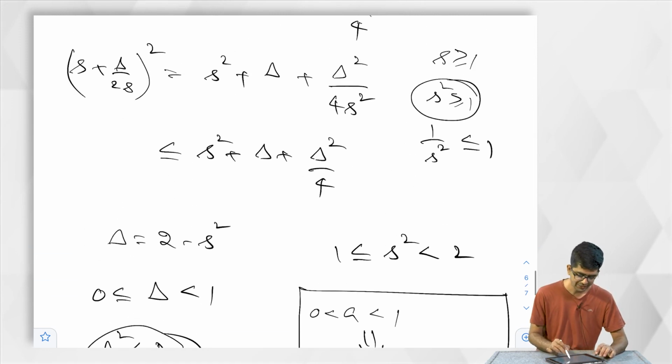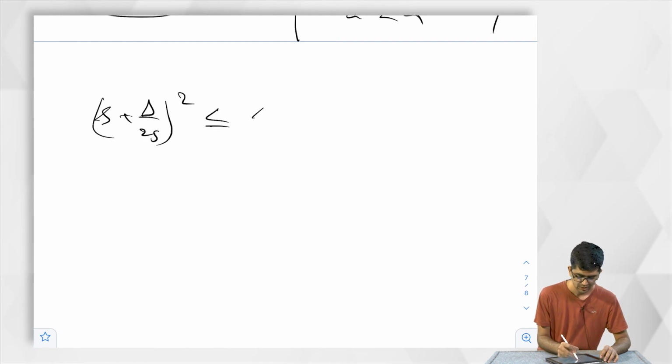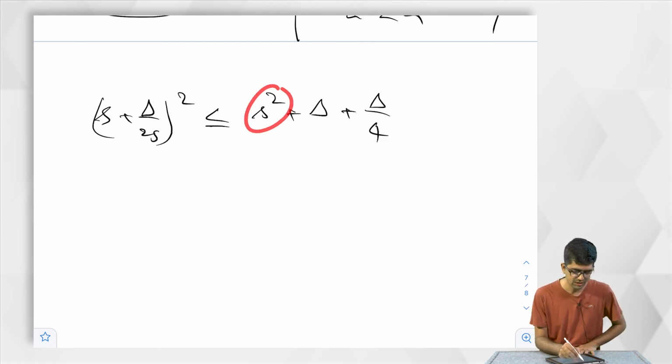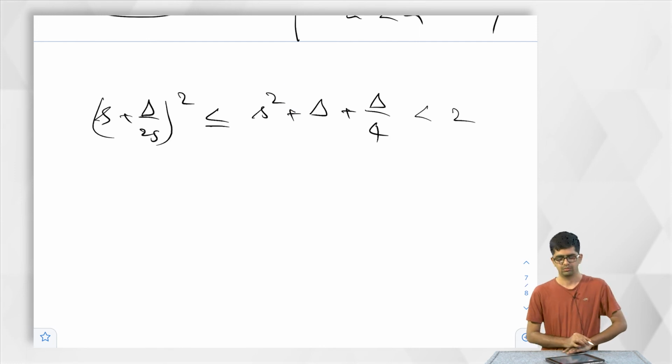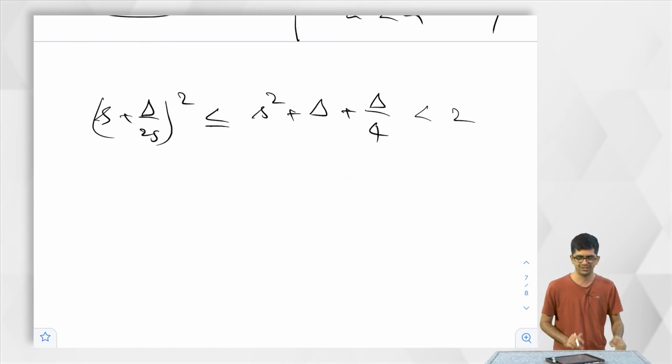So now I can get rid of this also. So maybe I will write down one more time. So (s plus delta by 2s) whole square is less than or equal to s square plus delta by 4. I know this first component is less than 2, but this might still be maybe too much for us.